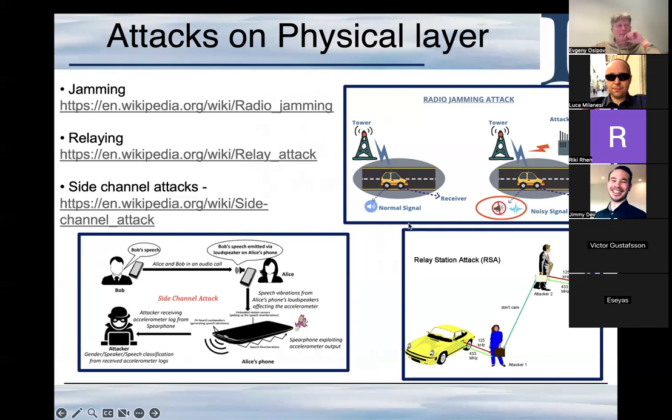So a jamming attack is obviously an act of malicious insertion of noise on a given frequency of the electromagnetic spectrum, with the purpose of distorting the communications. How easy or difficult is it to perform such an attack? Well, it depends on the scenario.